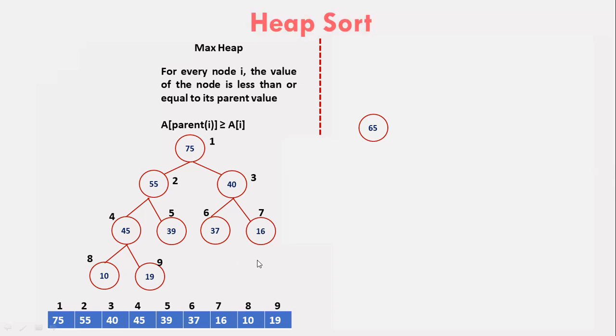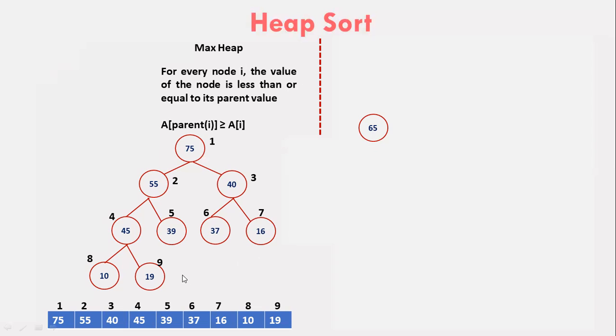We should not compare this 65 from the top. It is very important that we insert the new node at the leaf. After inserting the new node at the leaf, we have to check whether it properly follows the condition of max heap.